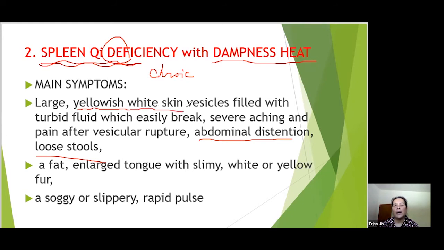The last pattern was more red in color, but this one is more yellow and more fluid, with skin rashes or blisters that break pretty easily.